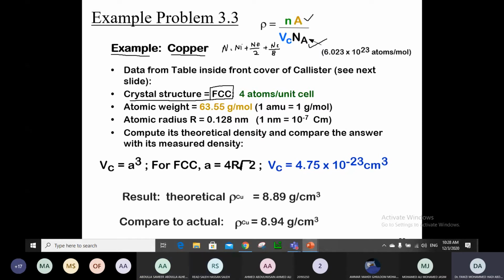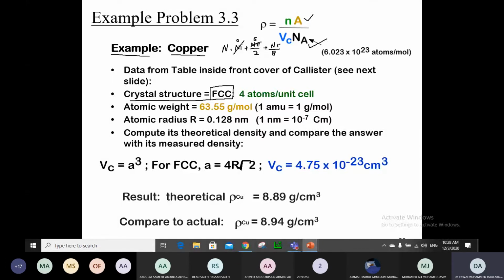This is cubic, face centered cubic. So for the face centered cubic, are there any internal atoms? No, of course, there are none. So that's 0. Do we have face atoms? Every face in the cube has an atom. So we basically have 6 faces in the cube, so this is 6.